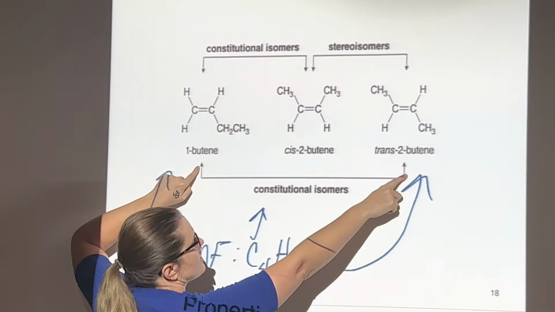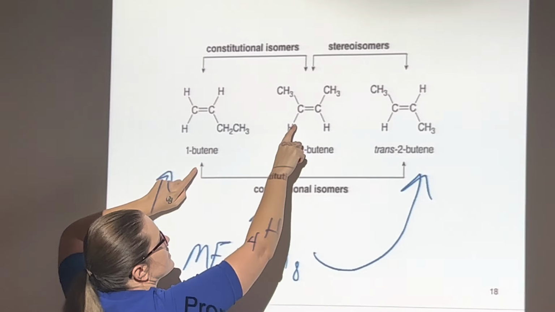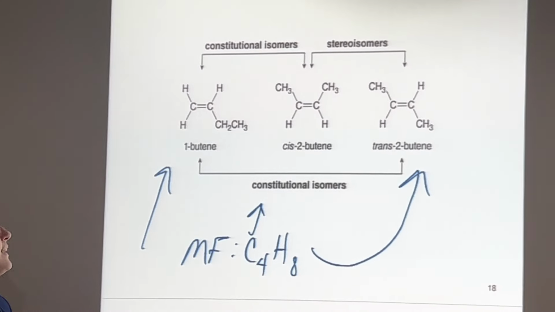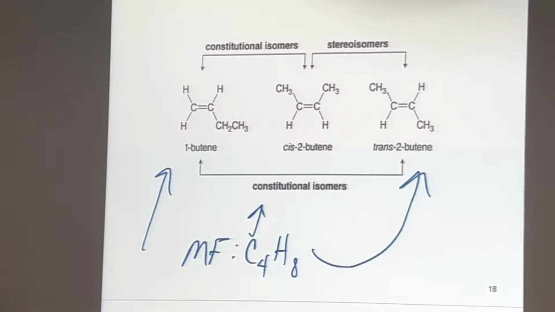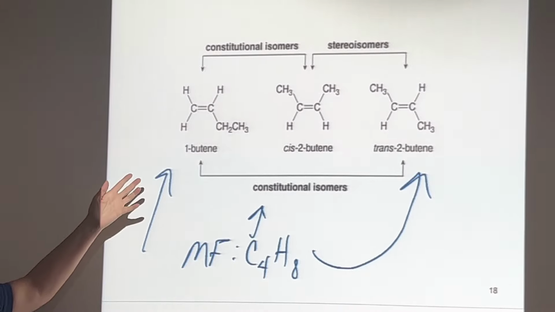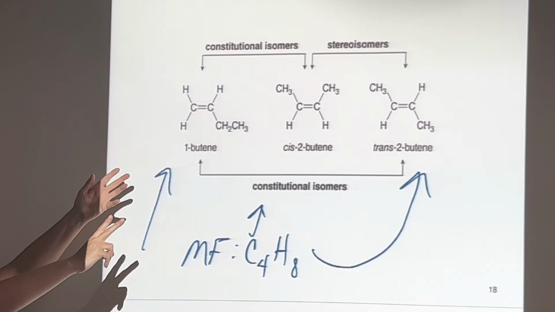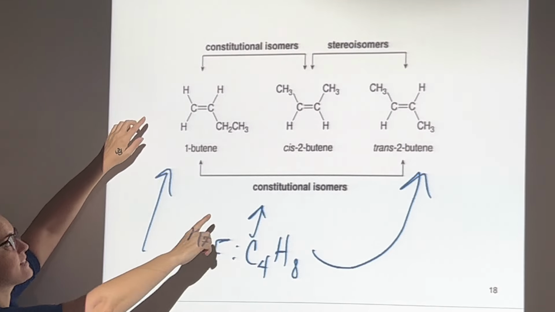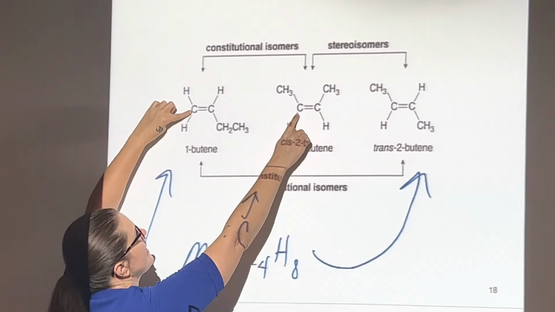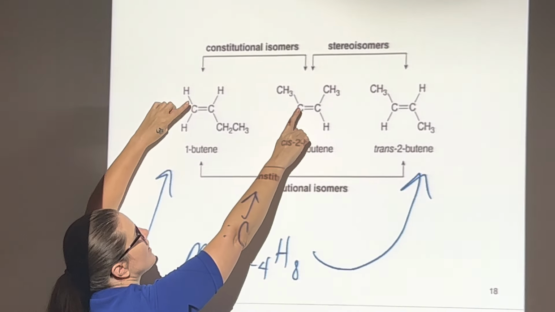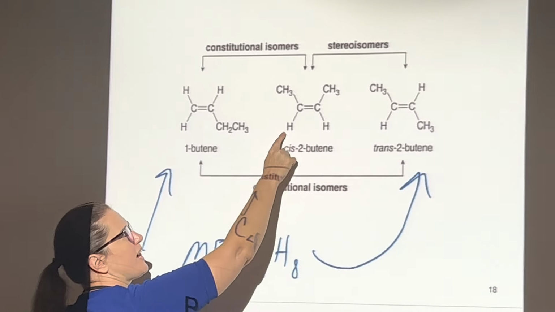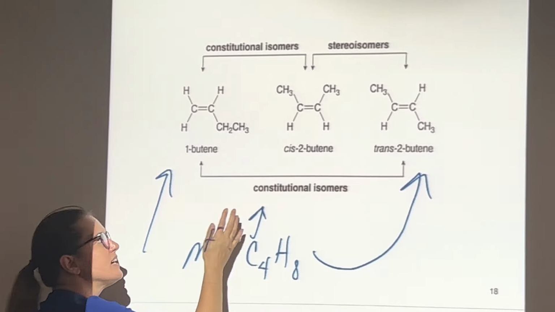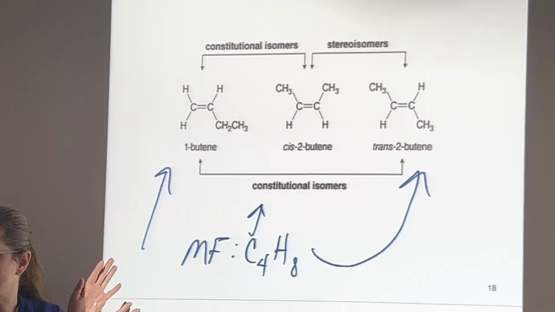So you can see constitutional isomers here, constitutional isomers here. Now, there is a different connection of the atoms between 1-butene and the cis and trans ones over there, because you can already see that on the end you have a carbon, and this one's bonded to 2 hydrogens, but this one is bonded to a hydrogen and a CH3. So there's a different connection there.